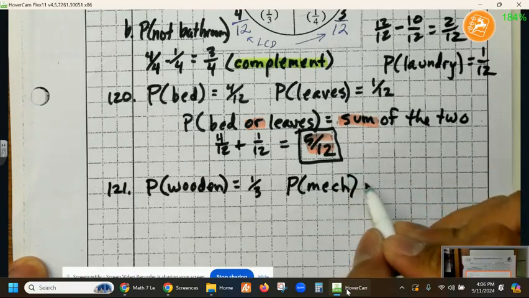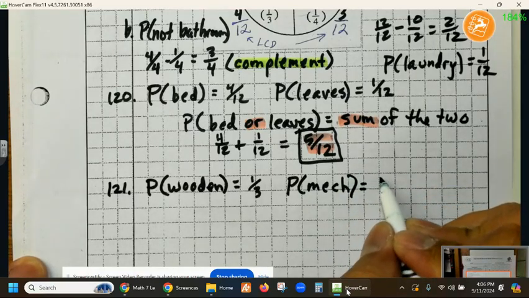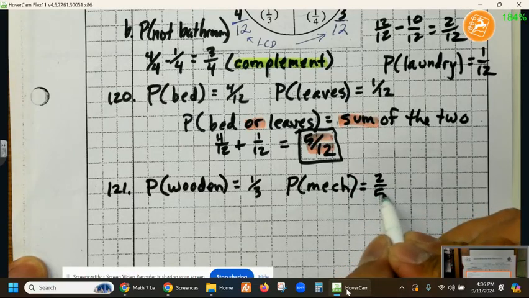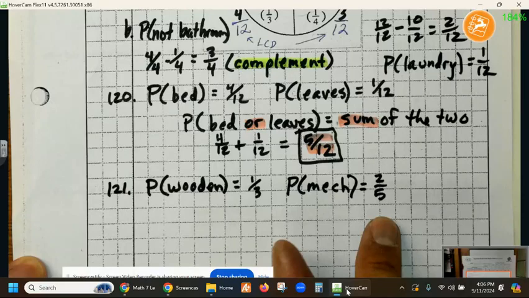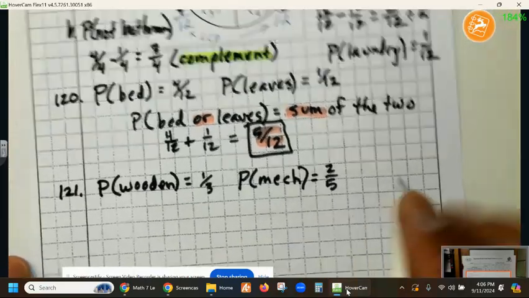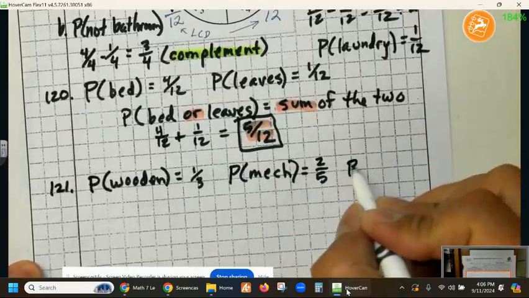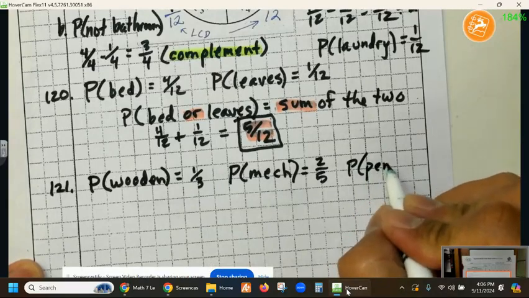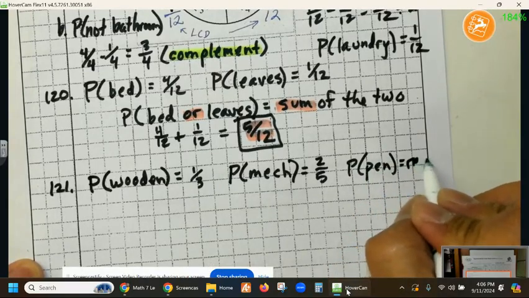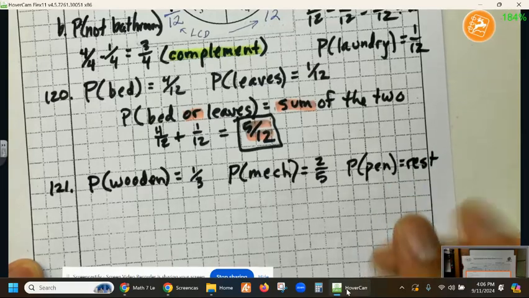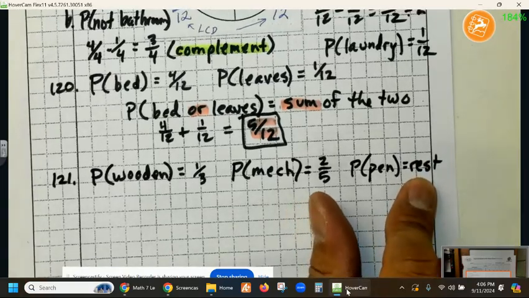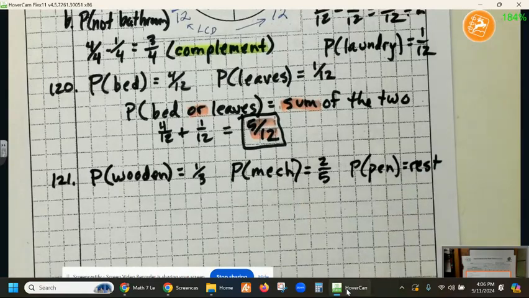So mechanical pencil has a probability of 2/5. Right? So we have 1/3 and 2/5. We also know that the probability of getting a pen is the rest. Okay, that's just what's left over is the probability of getting a pen. So we'll find that out later.